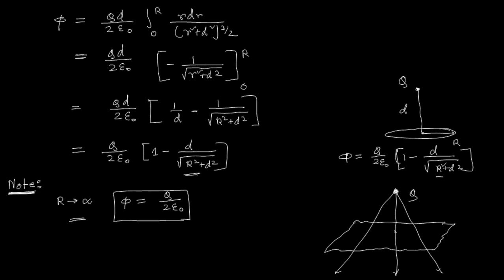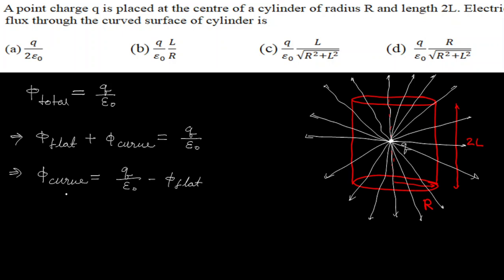So in this case also, if we consider only this bottom surface, we have a circular surface whose radius is r, and a point charge Q at a distance L on the axis of this circular loop.